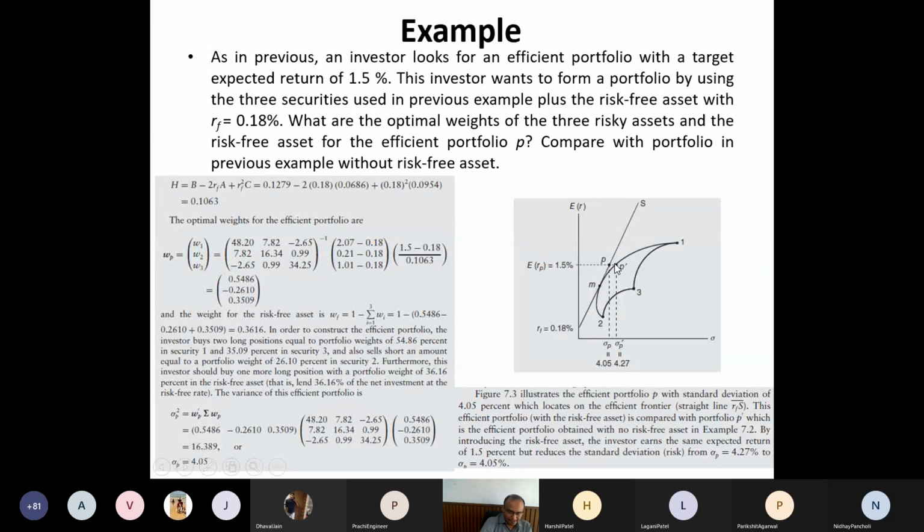So the risk-free security has shifted my point P dash to P, from the curve onto this straight line. For the same expected return, it has given me less risk. So by introducing the risk-free security, you reduce the risk while keeping the same expected return.